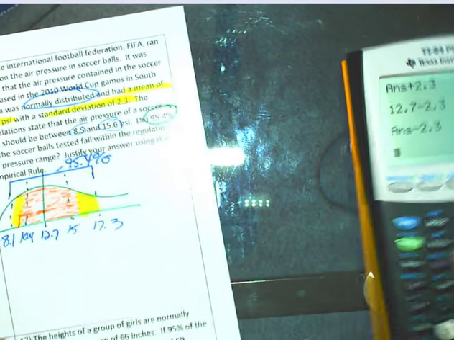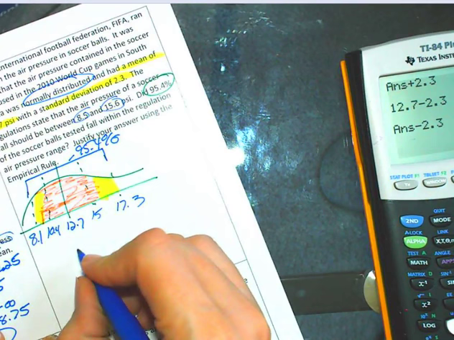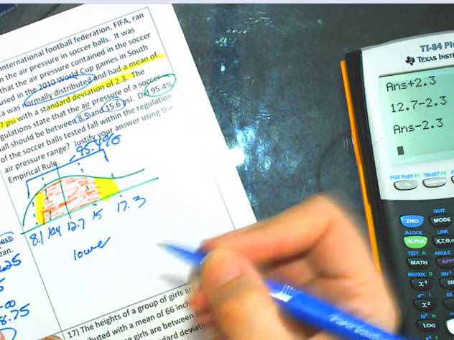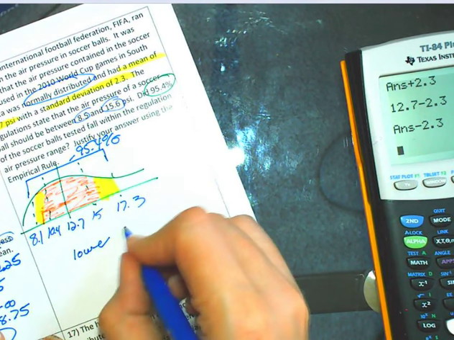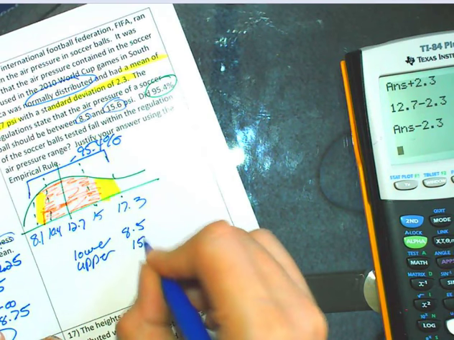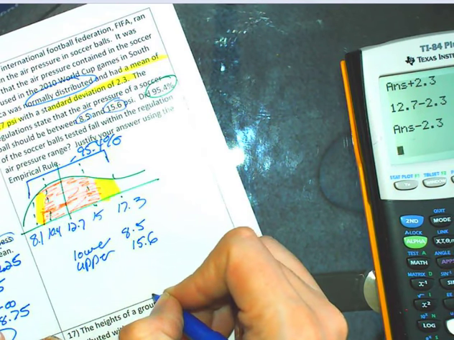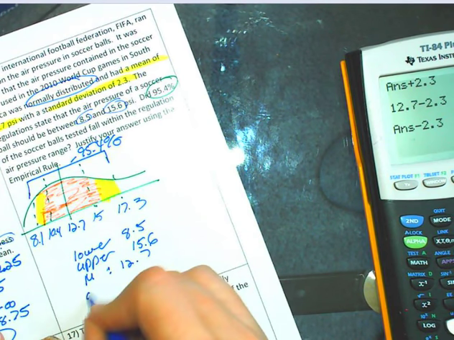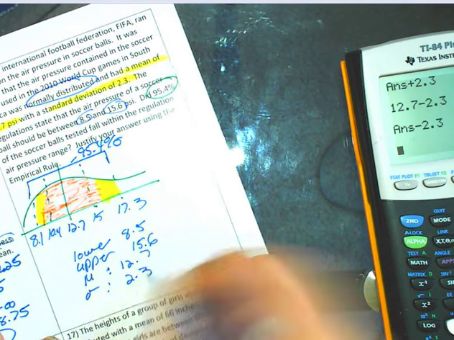The other way you could do this is to put it into the calculator in the second vars. To get the exact percentage, the lower would have been 8.5, your upper would be 15.6, and then you have your mean, which is 12.7, and standard deviation, which is 2.3. So we can put that in the calculator as well.